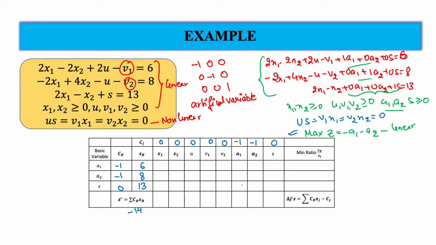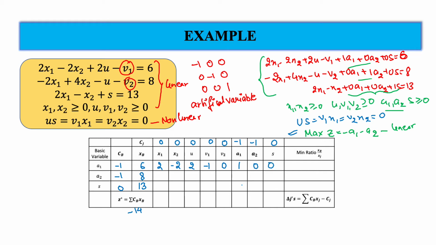So in two-phase we have seen that z should be, we will see the optimal condition. First we will fill all these rows also. So by using the first constraint equation, the x1 coefficient is 2, the x2 coefficient is -2, the u coefficient is 2, the v1 coefficient is -1, the v2 coefficient is 0, the a1 coefficient is 1, then 0, 0.